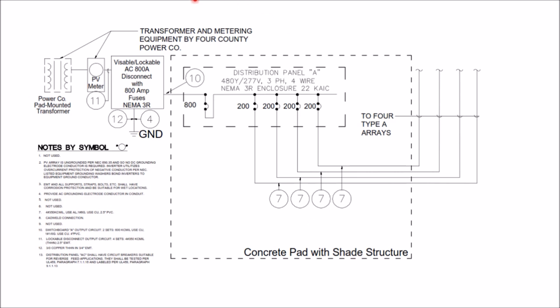So here we have a one-line diagram, and we have multiple 200 amp breakers coming in, and then one main breaker. Now, this one main breaker was really not necessary. We didn't need to purchase it because we had a visible lockable disconnect with a fuse. Kind of fused a fuse. That was unnecessary. But what does this gain us?